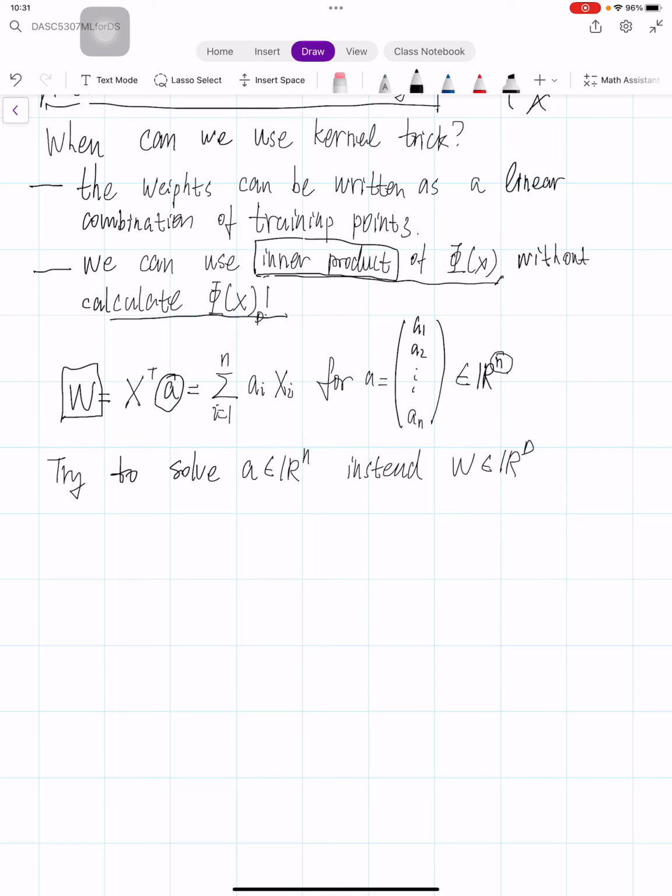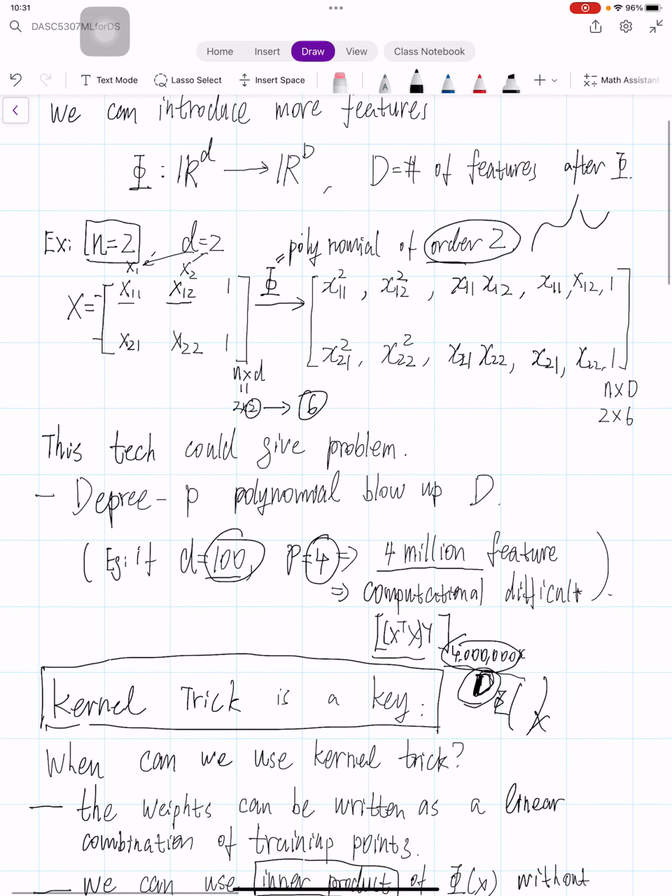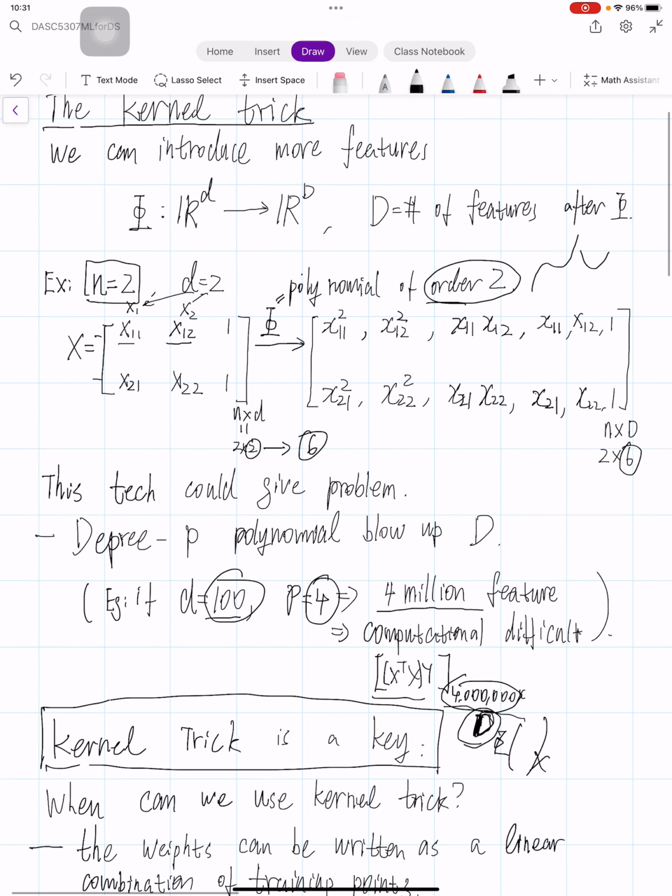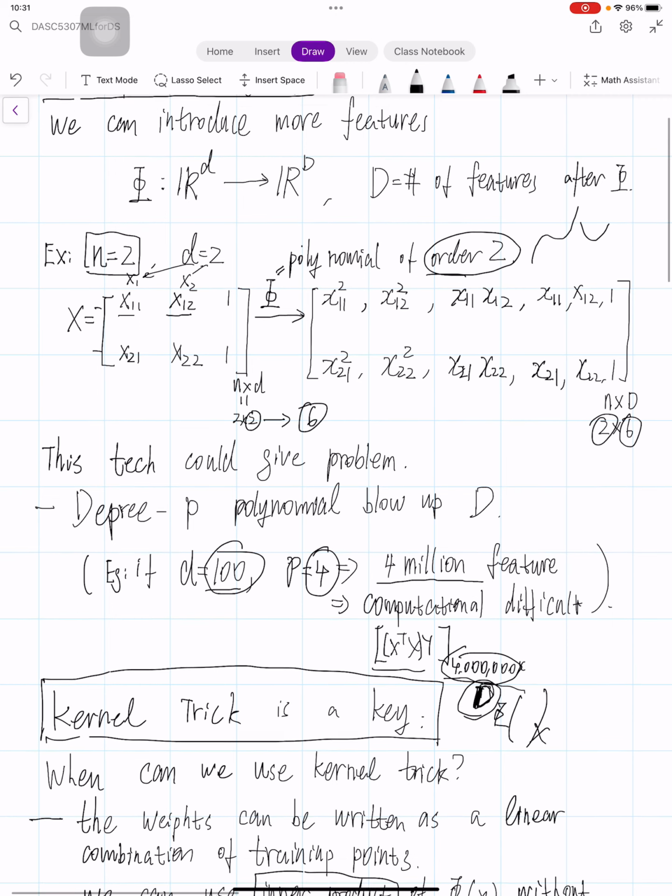In this case, we assume that d after the transformation is much larger than n. For example, in this case, d is 6 and our sample size is only 2.